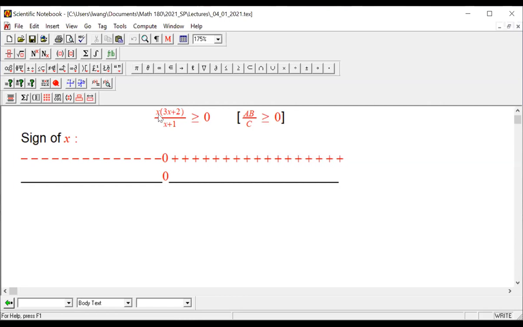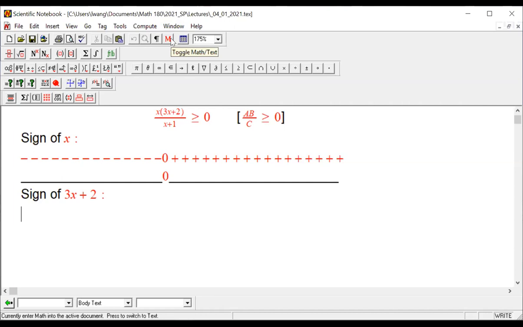So we have taken care of the first factor. Let's look at the next factor, 3x plus 2. When does 3x plus 2 change sign? Negative 2/3. That's right, negative 2/3.